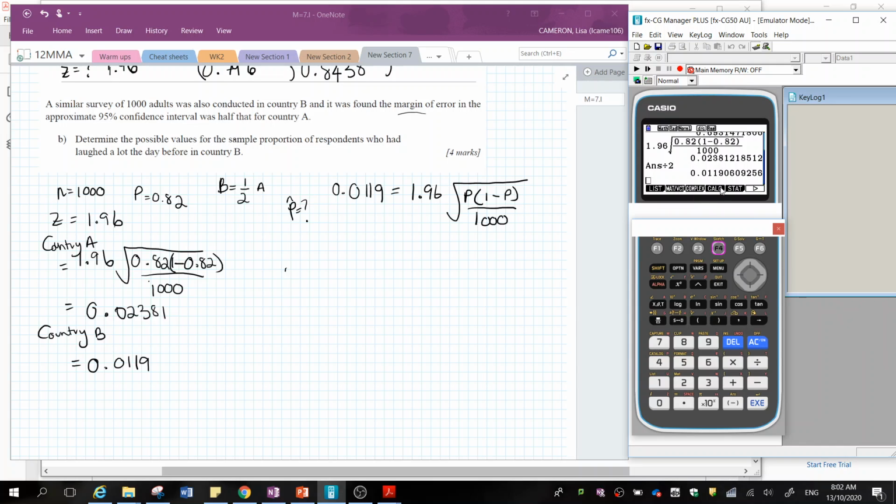So option, calc, solve n, because we want it to give us 2 solutions. Shift equals 1.96, square root, fraction button, and instead of using p, I'm just going to use x just to save myself some time.